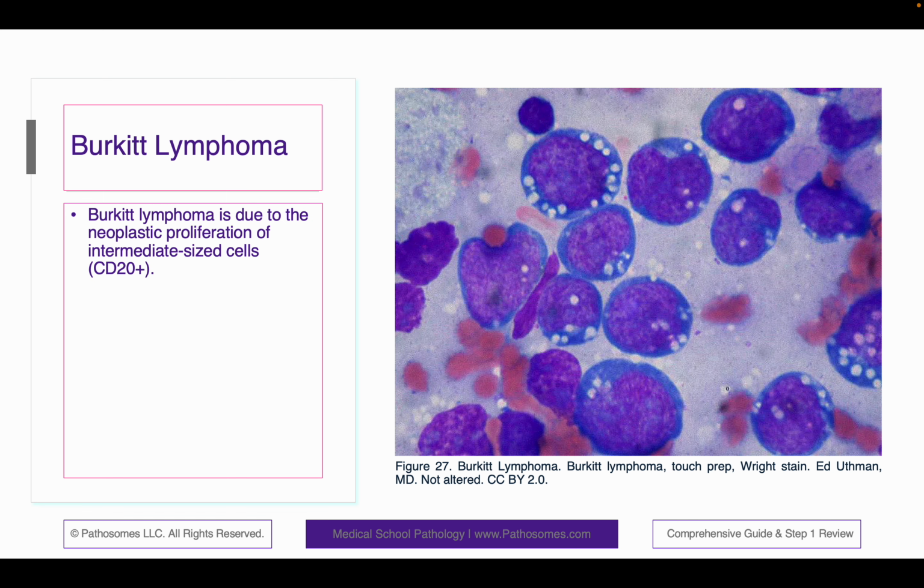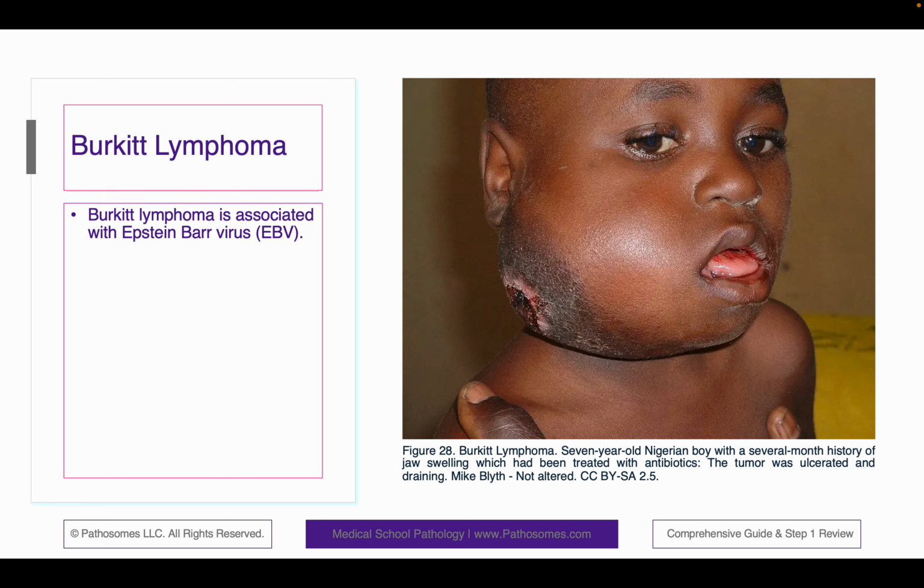Now let's talk about Burkitt lymphoma. This is commonly tested. Burkitt lymphoma is due to the neoplastic proliferation of intermediate-sized CD20 positive cells. Right? You see these vacuolizations? You remember this patient? Note and keep in mind that Burkitt lymphoma is associated with Epstein-Barr virus.